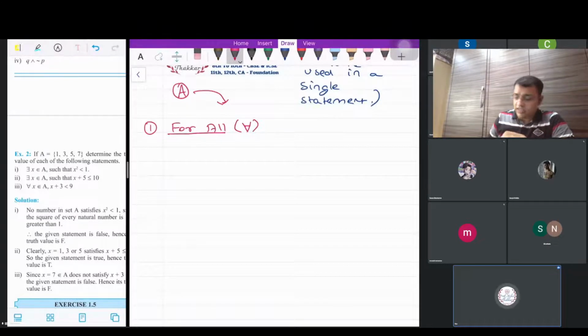Sometimes they also call it for every, but the meaning is the same. Either you say for all or for every, it does not matter, it still remains the same. Now we have to remember a small condition over here. So please write down the condition. I'll explain that to you with the help of an example so that it becomes very clear to all.